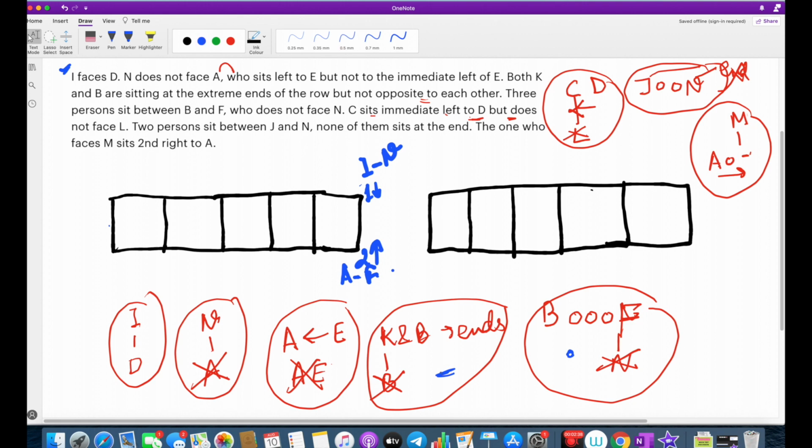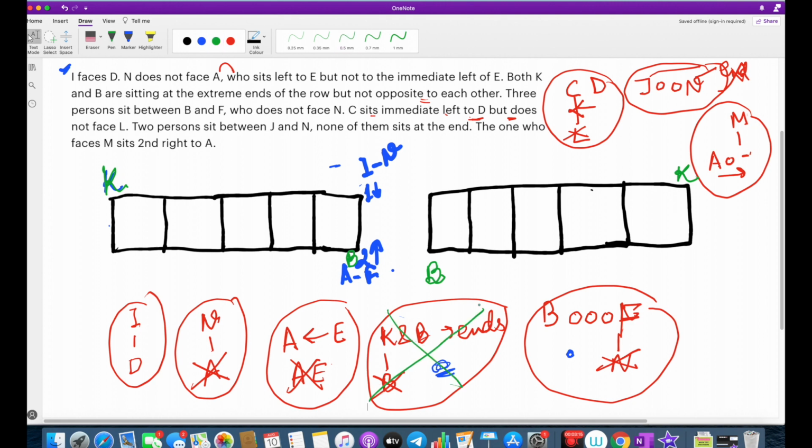Let's consider this condition because here it is fixed that K and B are sitting at the ends and K does not face B. So K should be in the top and B should be in the bottom. Let's first consider K sits here and B sits here. This is the first possibility. The second possibility is that K sits here and B here. So this condition is done.